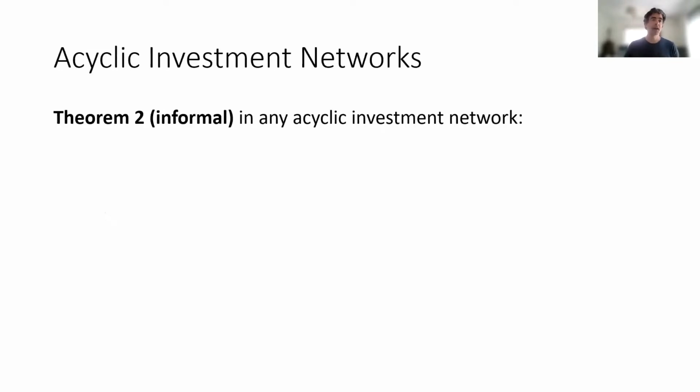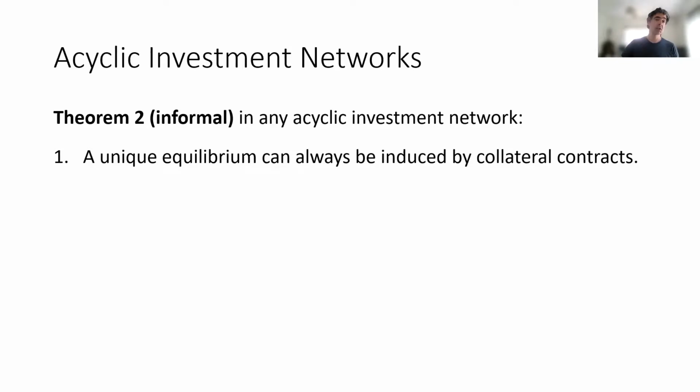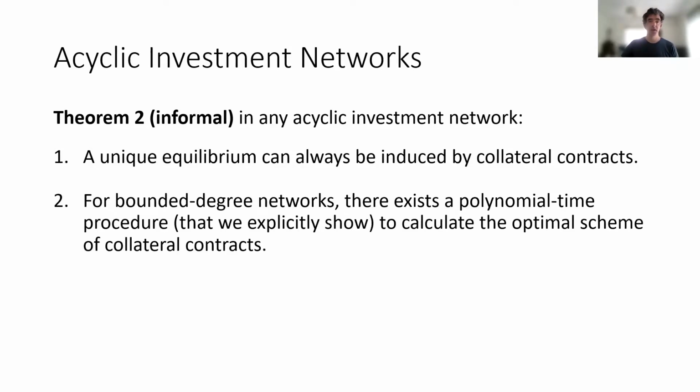And when we look at the acyclic networks, we have results that say that in any acyclic investment network, first, a unique equilibrium can always be induced by collateral contracts. And second, if the degree in the network is bounded, if the number of investors per enterprise is bounded, then there exists a polynomial time procedure that we show exactly to calculate the optimal scheme of collateral contracts.